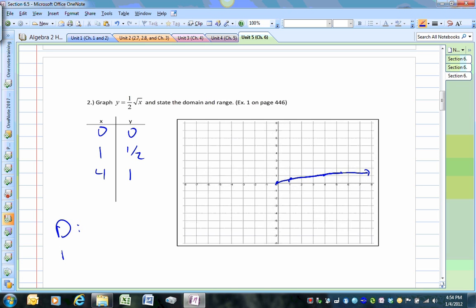Domain and range still stay the same. And if you think about it, the way this compares to root x, actually, I'm going to do that down below.